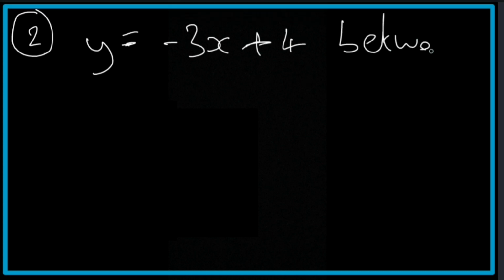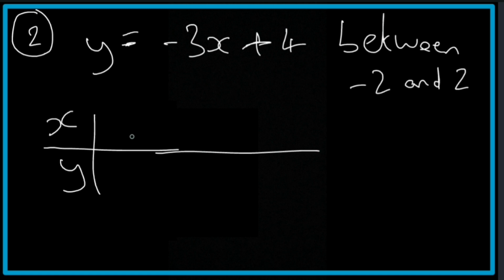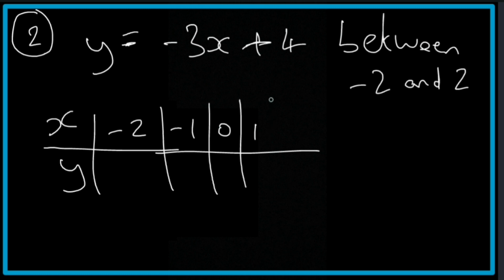Let's go on to example 2. This time y equals -3x plus 4. Okay, and this time I'm going to choose between -2 and 2. So x and y, so -2, -1, 0, 1, 2, because I've said between -2 and 2.